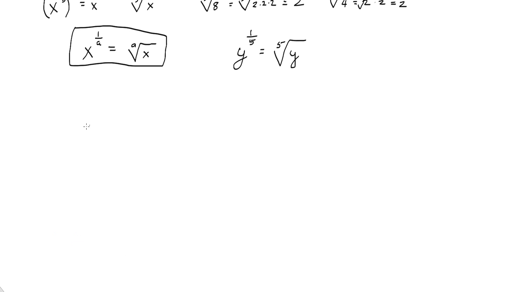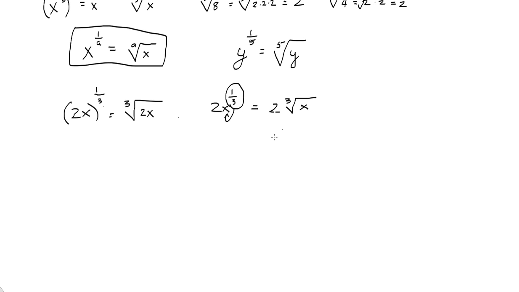If we have, let's say, 2x to the 1/3 power, that 1/3 power is only referring to the x. So if I were to write this in radical form, I would leave the 2 outside the radical since it's not being raised to the 1/3 power, only the x is.